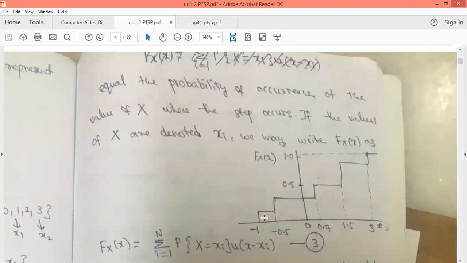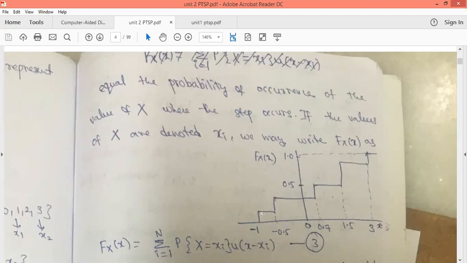Here, how much does it have to rise? It has to rise by the probability of the event which is occurring at x equal to minus 0.5. So we have events at minus 1, minus 0.5, 0.7, 1.5 and 3. At these points we have the probabilities.